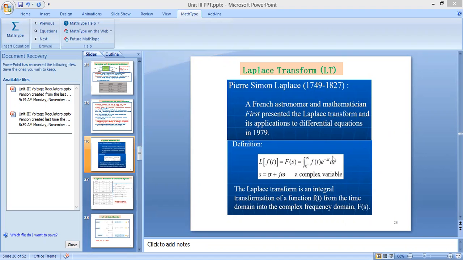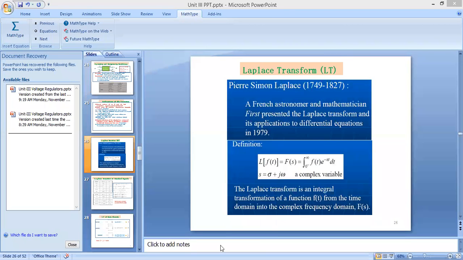Many mechanical and electrical forces are discontinuous in nature, or they may be present only for a short amount of time. So these forces are not sine or cosine functions, and their solutions are very difficult. But by using the Laplace transform, we can convert these functions into sine and cosine functions, so we get simple solutions.